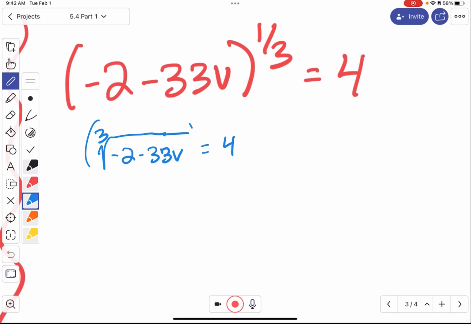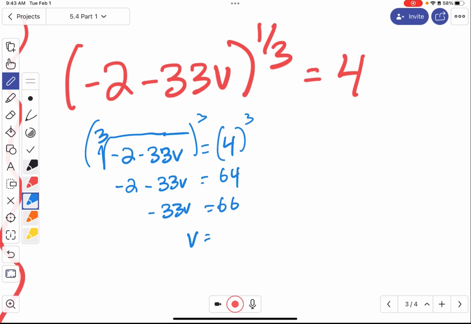If you just cubed it right away, even better. So that's negative 2 minus 33v equals 64. 4 times 4 times 4, 64. Add 2. Negative 33v equals 66. V equals negative 2. Does that look right? Did everybody do okay?